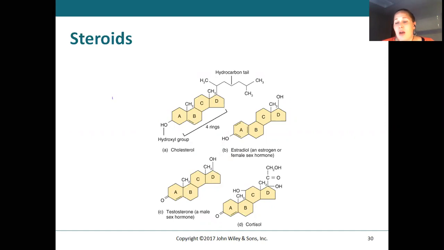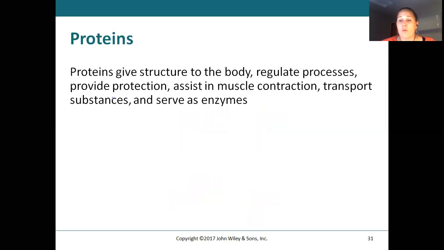Estradiol is estrogen, a signaling molecule in females and somewhat in males. Testosterone, also found in both sexes, is a signaling molecule in both. And then cortisol, a stress hormone that is released. We'll talk more about these hormones when we talk about their function. That might be a topic that's covered in semester 2.